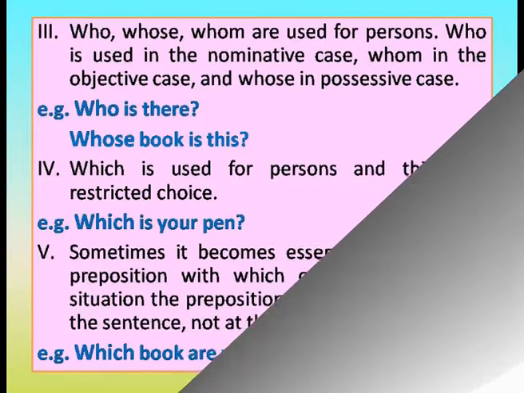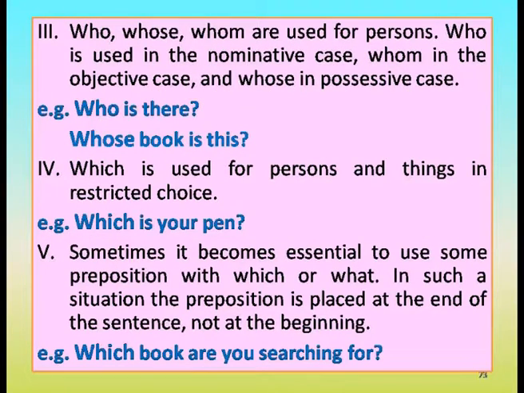What is she? Who, whose, whom are used for persons. Who is used in the nominative case, whom in the objective case, and whose in the possessive case. Who is there? Whose book is this? Which is used for persons and things in restricted choice.